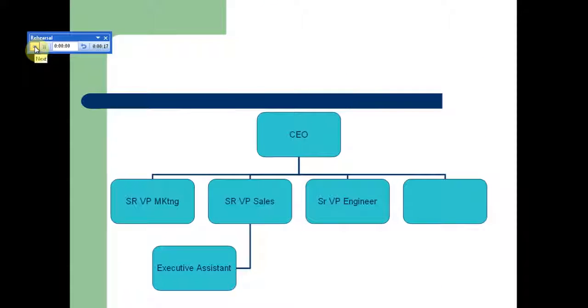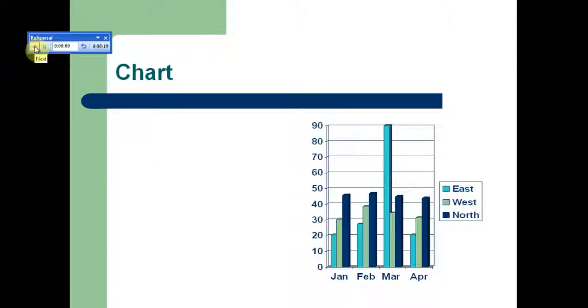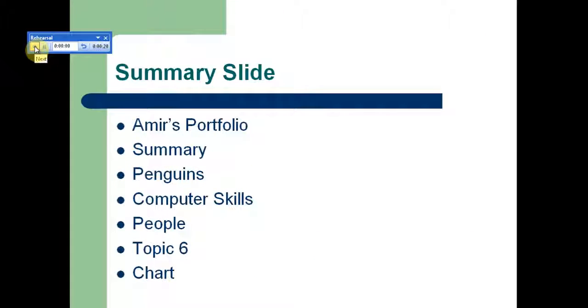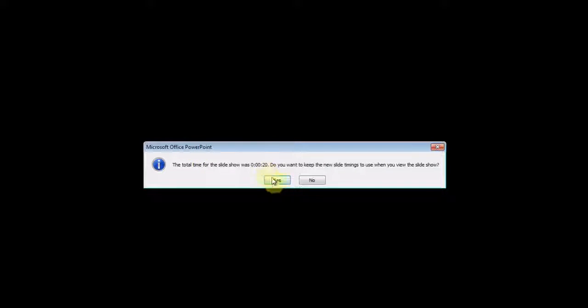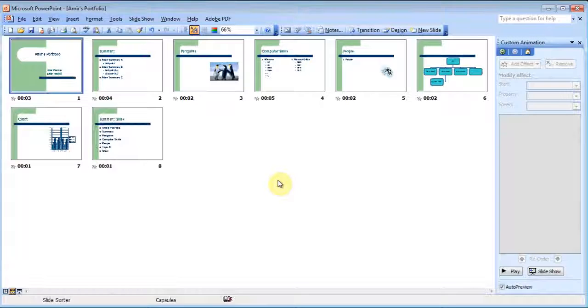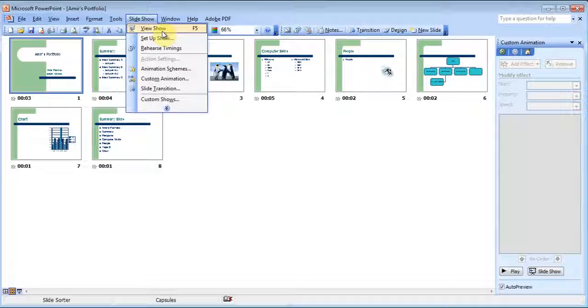In reality, you would give it whatever time you need. And it's asking me, it's going to take 20 seconds. I click yes. Now, if you go to slideshow and run your show, you will find that it plays the slides. You don't have to touch the mouse or hit anything. It will change after that time.